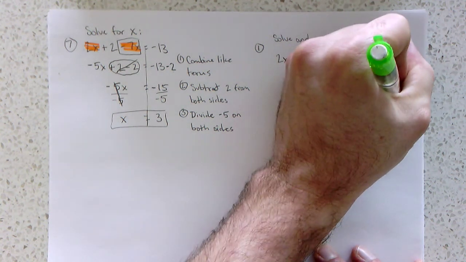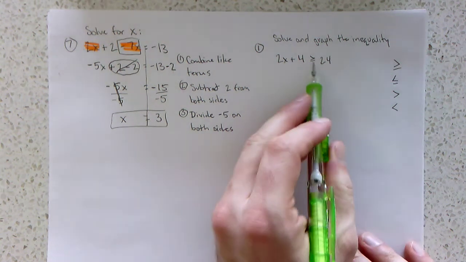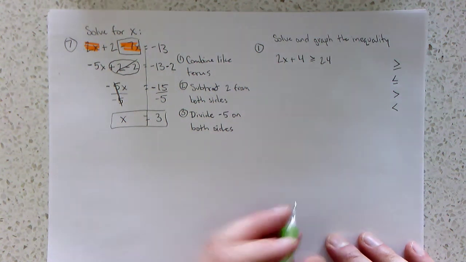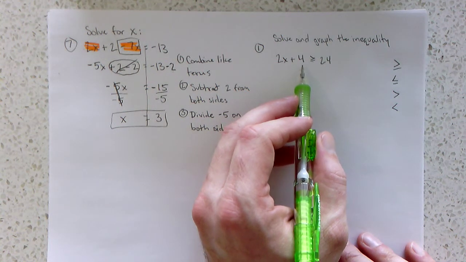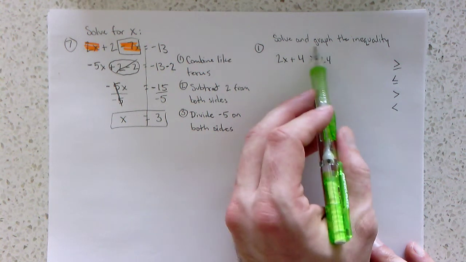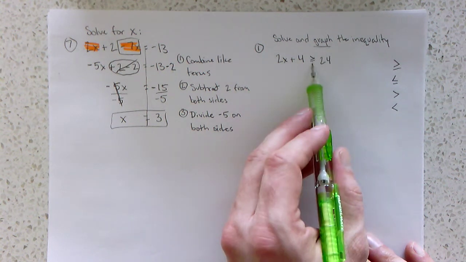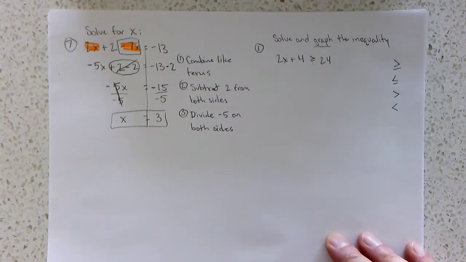In this case, we have a greater than or equal to sign. So we're solving this exactly the same way that we solve an equation. When we come to finally graph the inequality, this sign is going to tell us exactly how to graph it.